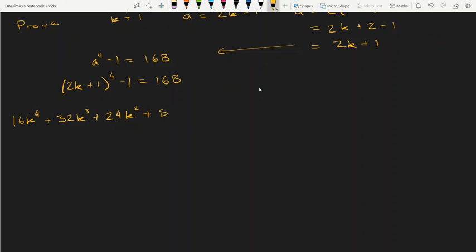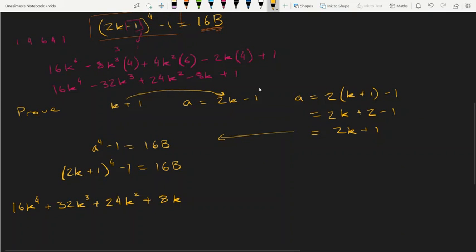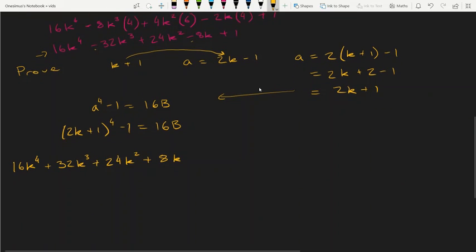I think 8k, check it against what we had before. Notice this is almost identical to what we had up here, but these terms here and here are positive. In this case, because we don't have a minus 1 in the brackets, we have a plus 1 there in the brackets. And that's the main difference between this and the previous one.